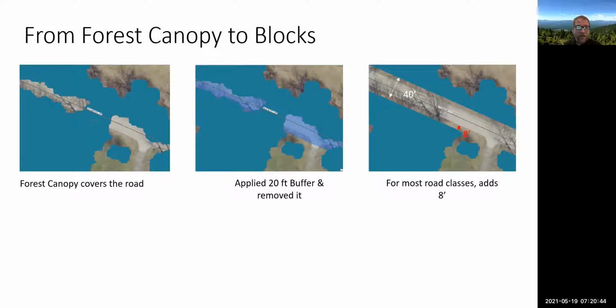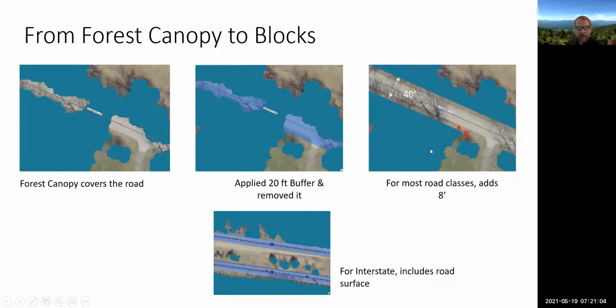And we did this using new 2016 LiDAR-derived forest canopy data that you see here. This is a road. You see the forest canopy data crosses the road. So we had to buffer the roads to separate out what was which forest block.